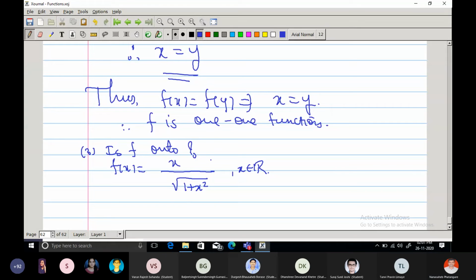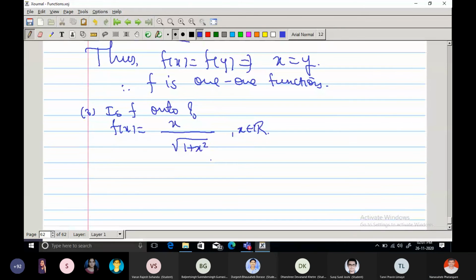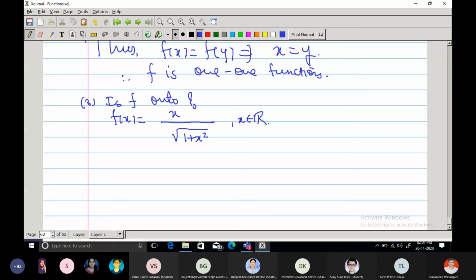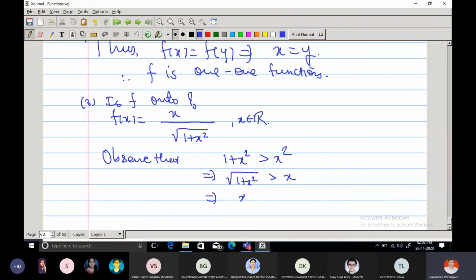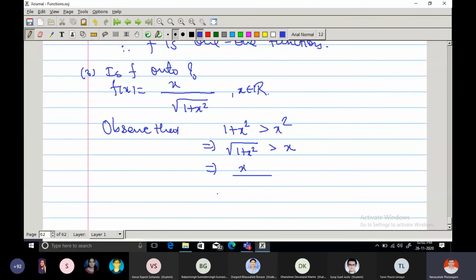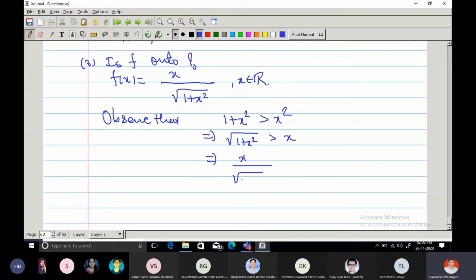observe that the square root is there. 1 plus x square is greater than x square, right? And therefore square root of 1 plus x square is greater than x. And x upon square root of 1 plus x square, actually plus minus you can say, anyway, or I can say absolute value, that's fine.